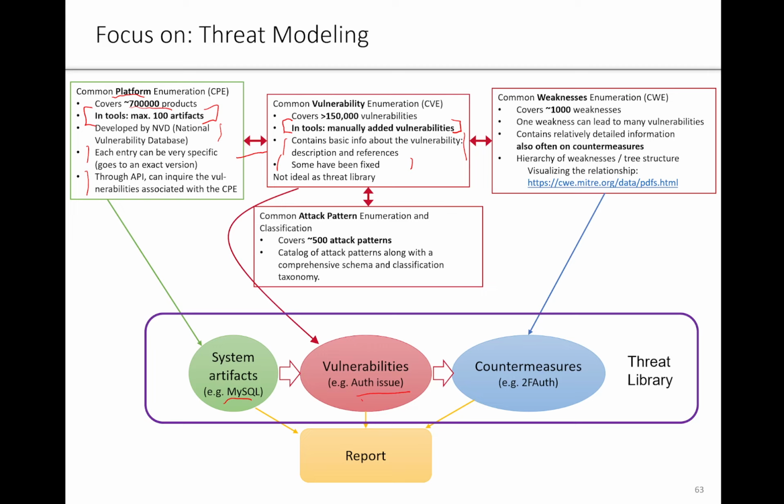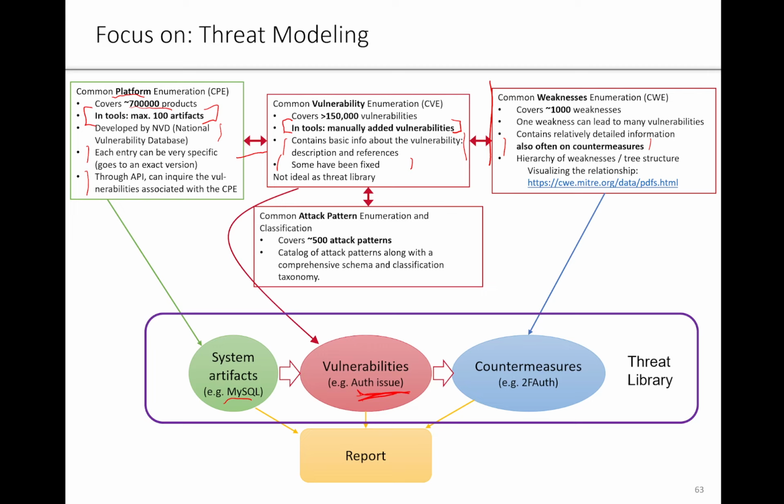And because you have so many vulnerabilities, there is some kind of categorization. So all authentication issues are subsumed under very generic weaknesses. So the weakness would be authentication issue or privilege escalation. And the vulnerability itself is the specific one for that specific program, how it behaves. Sometimes they also have generic countermeasures.